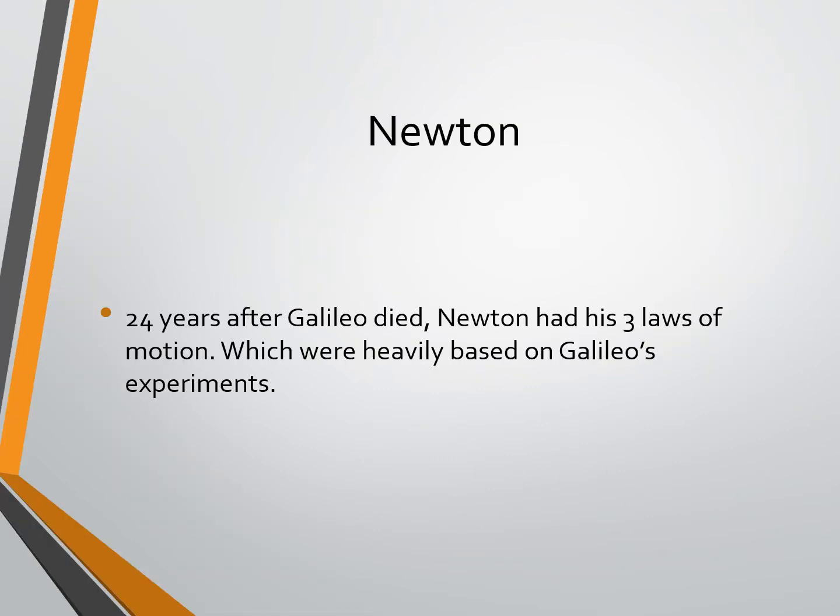So 24 years after Galileo died, Newton had his 3 laws of motion, which were heavily based on Galileo's experiments. And so this is something we're going to see a lot happening in this class: somebody does a lot of the groundwork.